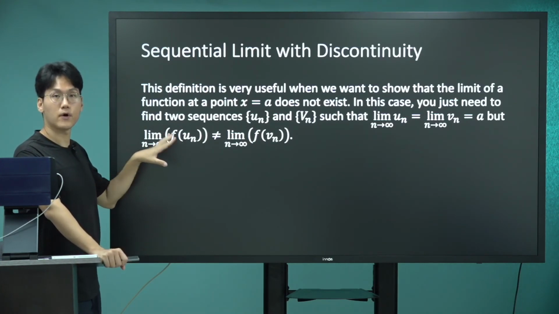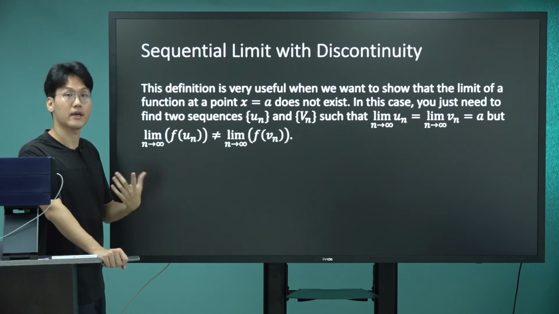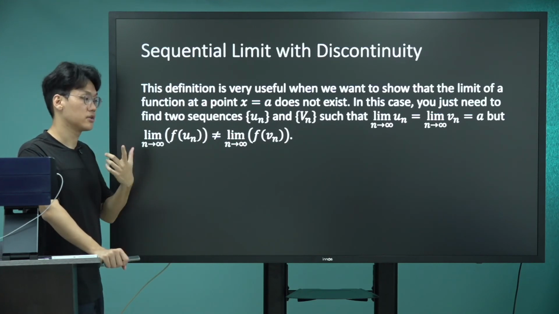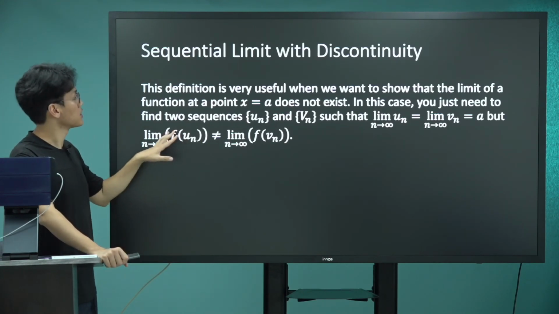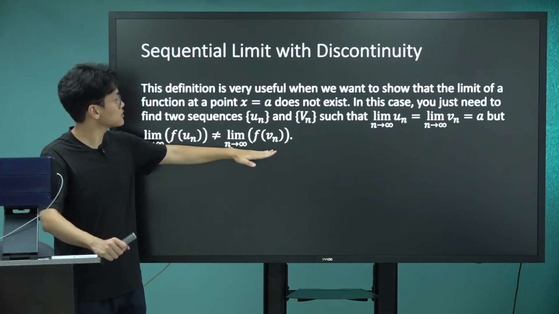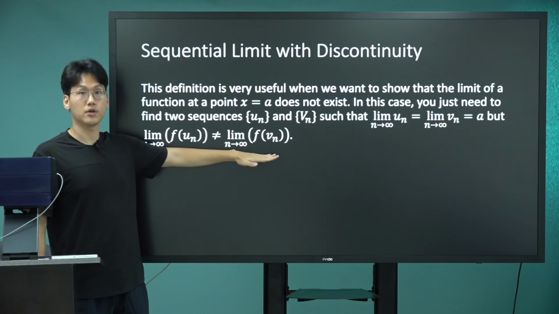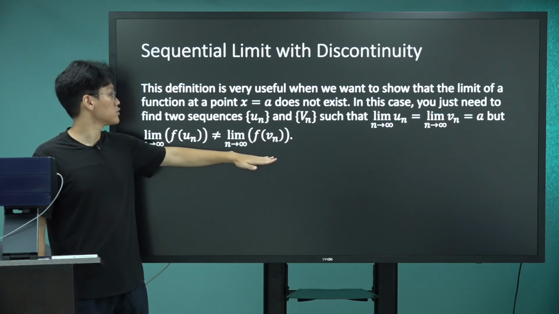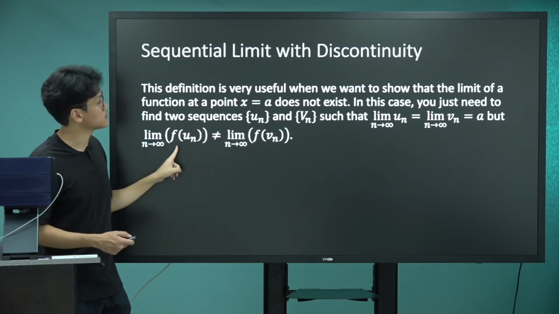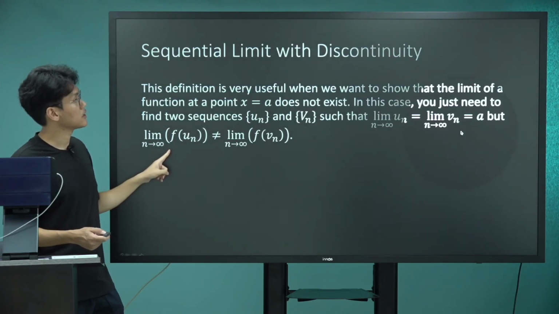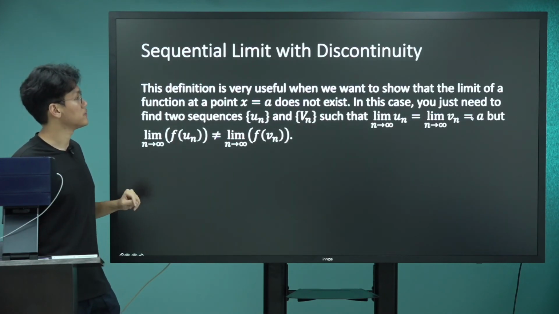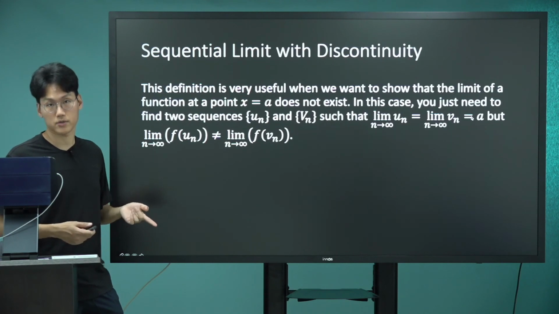That means the function is not continuous. If it had been a continuous function, then the limit would have been preserved. But if you could show that compositing the sequence onto a function shows that their limit is not preserved, then we can say that the function will be discontinuous at a. Okay, so that's what we are doing.